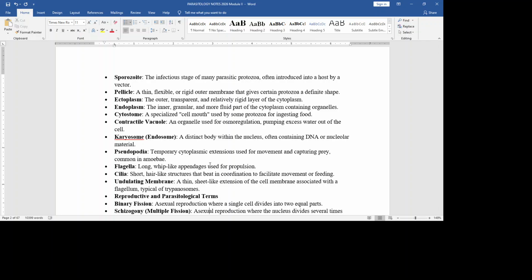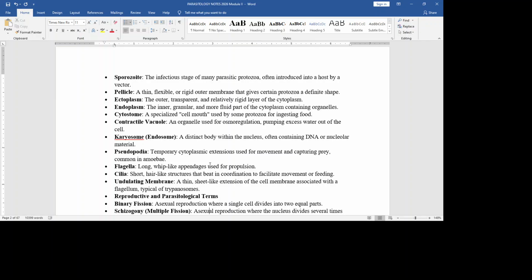Then we have the organs of locomotion, which are basically three types in protozoa, and they form a very important aspect in the classification of the protozoa. The first one refers to the pseudopodia, which are temporary cytoplasmic extensions used basically to capture prey and to facilitate locomotion or movement.